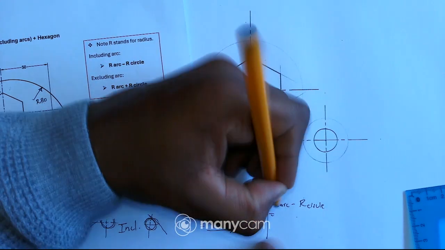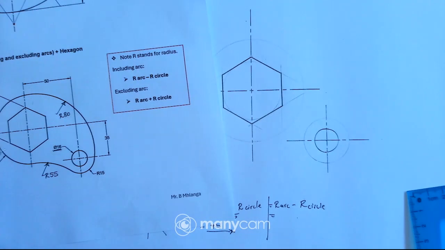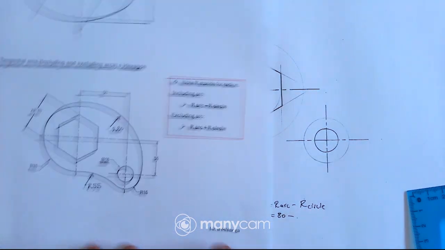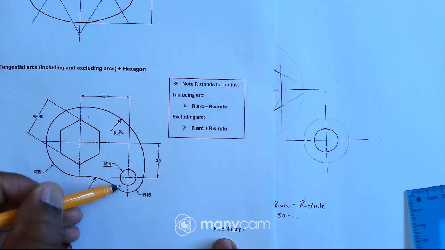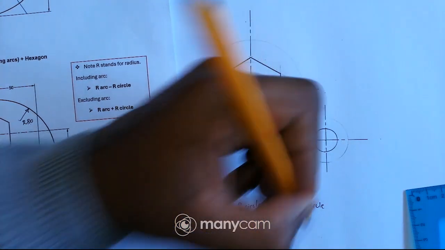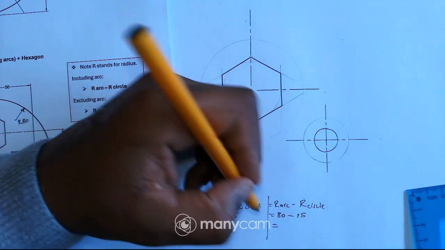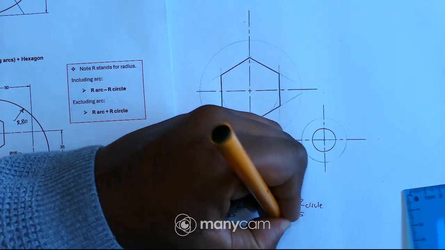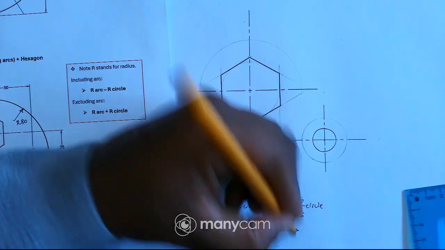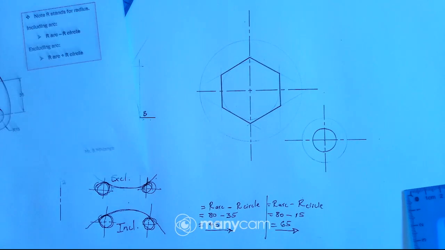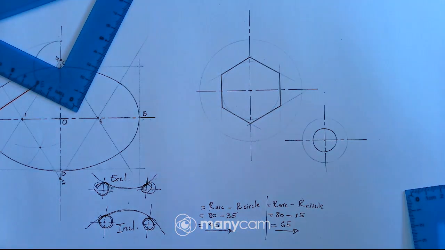The radius of the arc, remember, is 80, so write down 80 there, minus the radius of the circle. The radius of the circle is given as 15, so just write 15 there. So 80 minus 15 is how much? 65. Okay. Now because I have those two measurements, I can just take my compass.